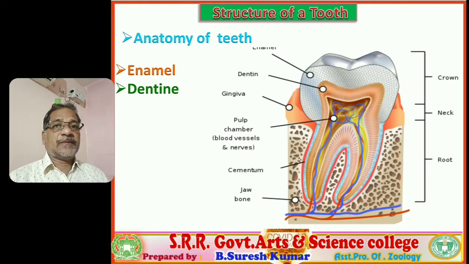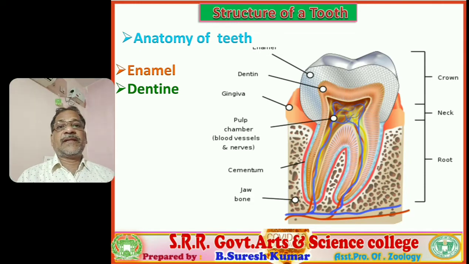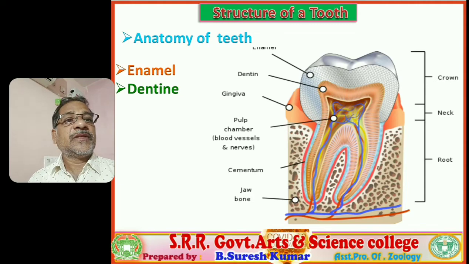So if we observe the anatomy of the tooth, it is mainly constructed with enamel substance and dentin substance. The outer exposed part is covered by enamel, and the inner bulk of the tooth is completely constructed with dentin. Remember, it is a very important point from the entrance exam point of view. The bulk of the tooth is constructed by dentin substance.